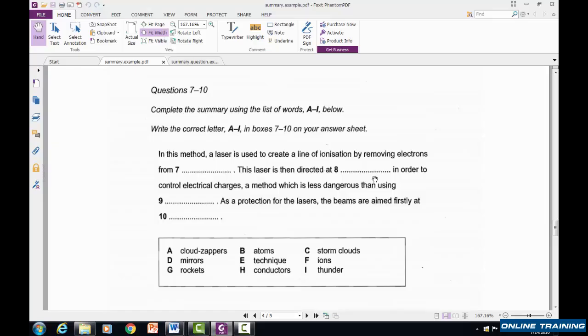Now, one thing I recommend that might make it easier, and I didn't say this when I gave you the strategy lesson, is that even though you're not going to do the summary question first, go ahead and look at the keywords in it: electrical charges, ionization, lasers, laser beams, controlling electrical charges.